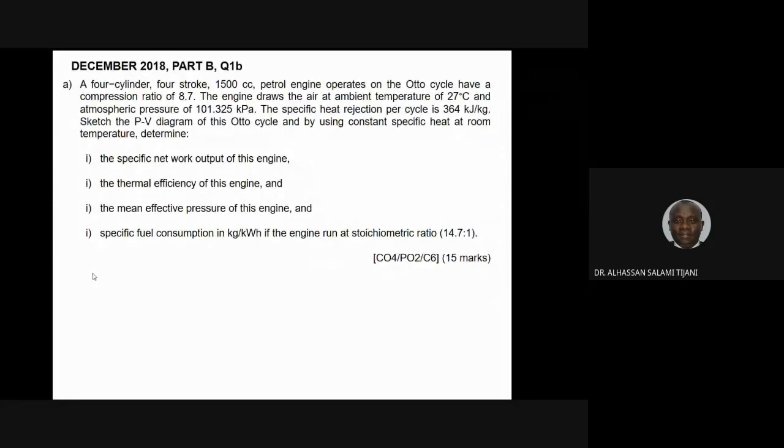The specific heat rejection per cycle is 364 kilojoules per kilogram. Sketch the PV diagram of this cycle, and by using constant specific heat at room temperature, determine the net work output of this engine.